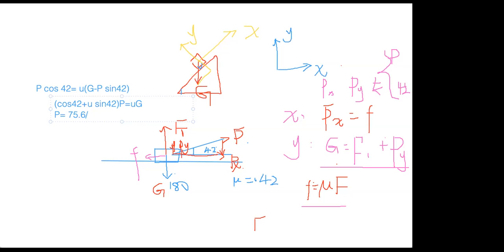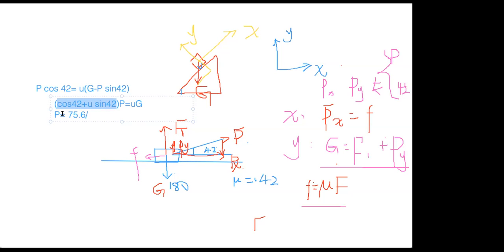How could you... cosine of 42 plus... now it's not a cosine 42. Now we say cosine, if we want to solve minimum f, which is P here, right? We have to find the minimum. No, we have to find the maximum of this. So we have to find the maximum of cosine 42 plus mu sin 42.